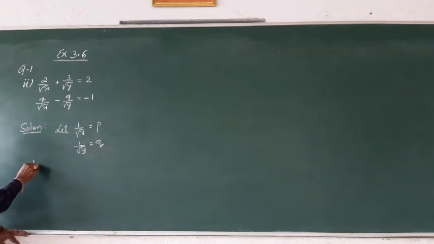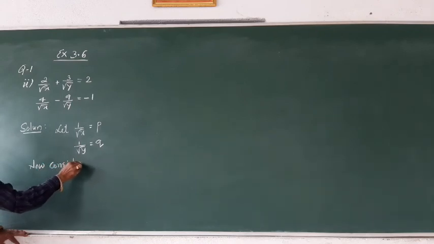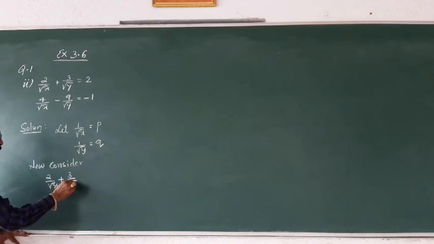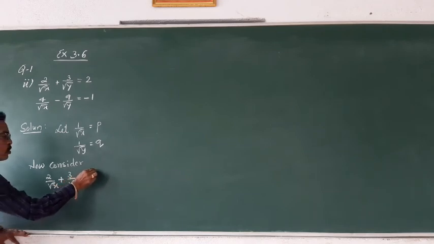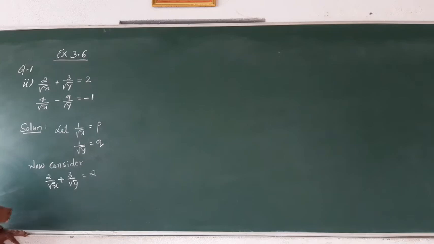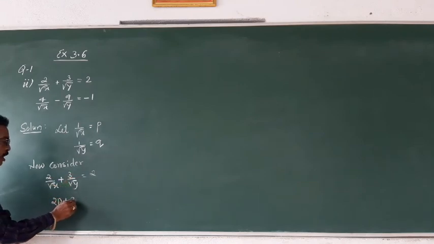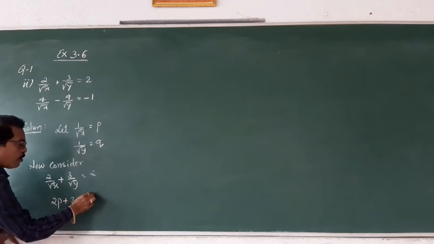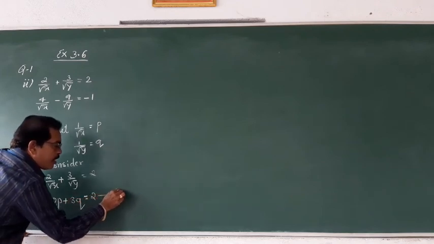Now consider 2 by root x plus 3 by root y equals to 2. So, suppose if we put the value of this 1 by root x equals to p, what happens? This becomes 2p plus this becomes 1 by root y means q, 3q equals to 2. This is the equation 1.